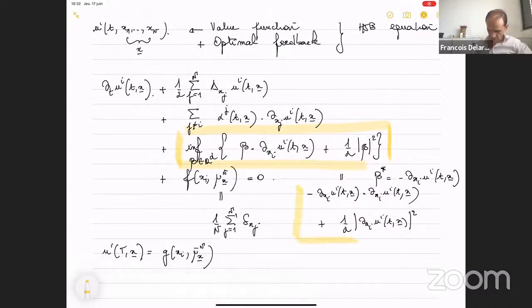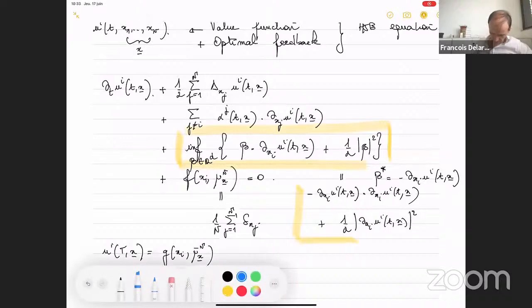Okay, so these are the two terms that I have. And so now what to do with this? Now you have to implement the fact that you have an equilibrium if the best response is the equilibrium itself.